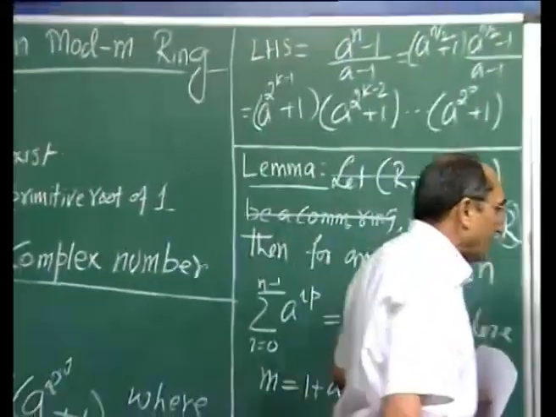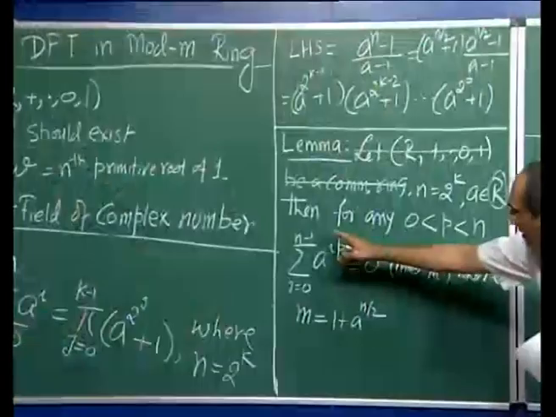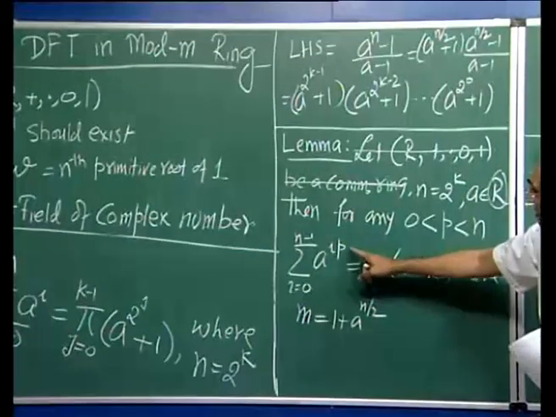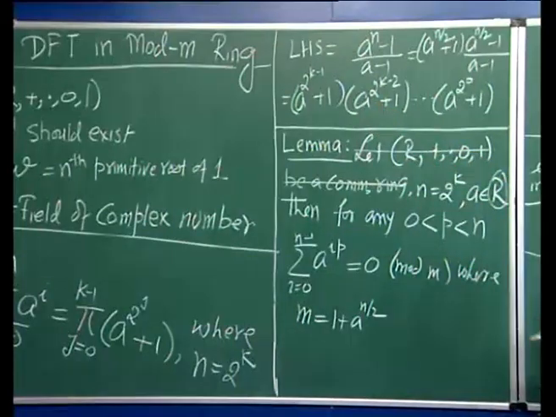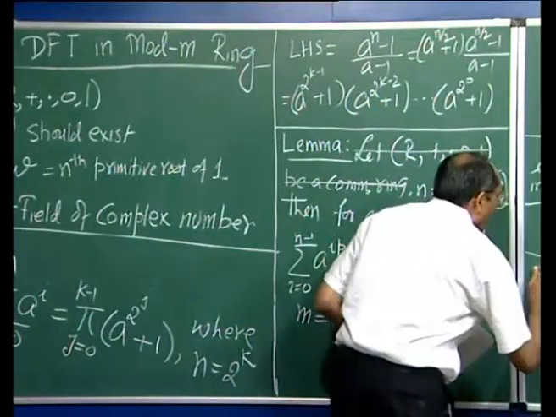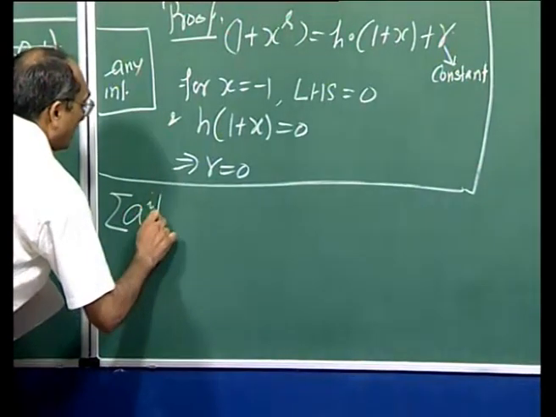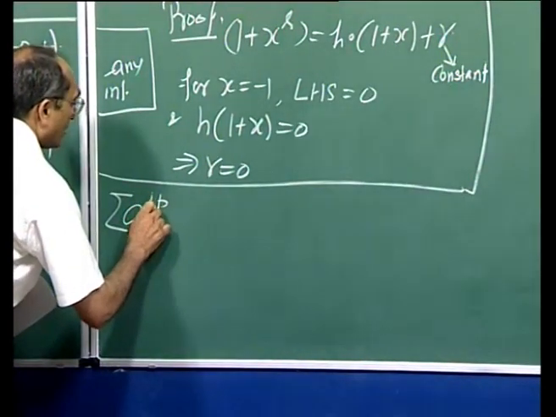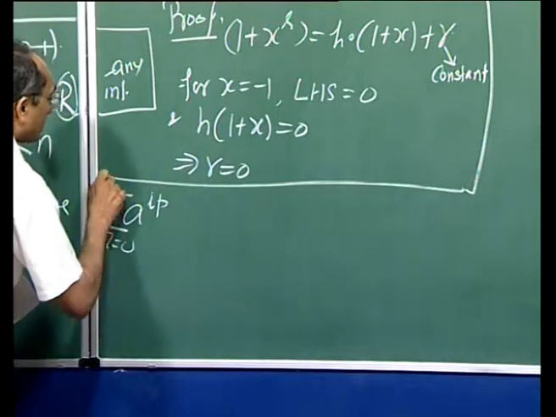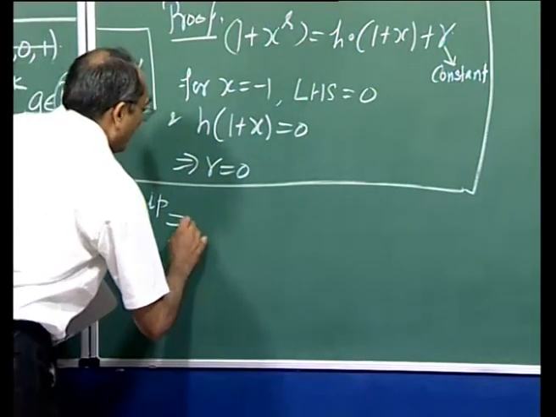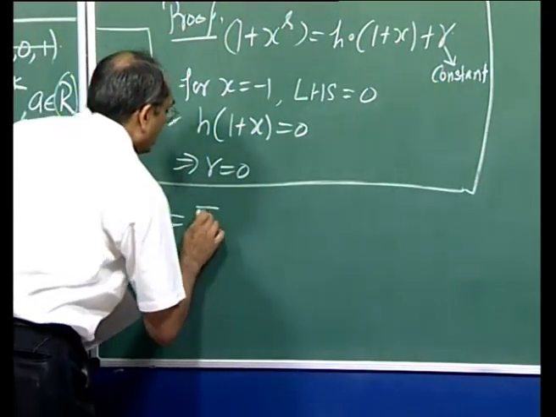Now let us take the expansion of this geometric series as we have done here. The sum of a^(ip), i going from 0 to n minus 1, we know is equal to the product.